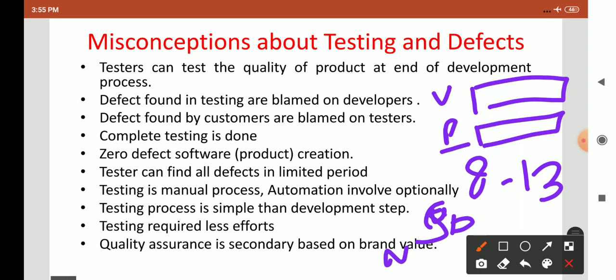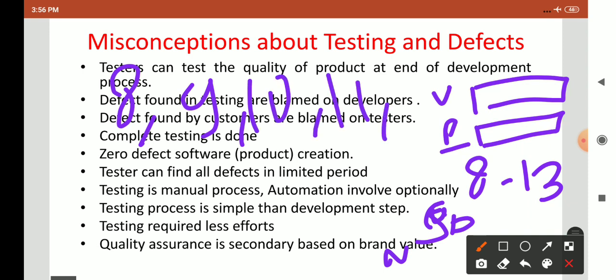So it is not possible to check every aspect. Suppose for 8 digits you are checking, then 9 digits, again 10 digits, then 11, 12. This is one scenario. Again you have to check with the special characters.